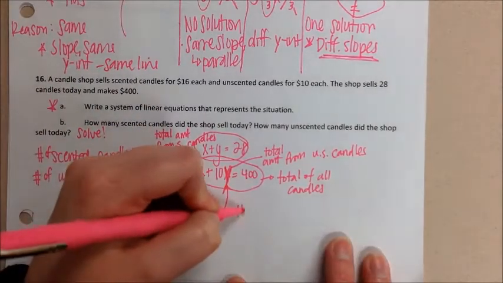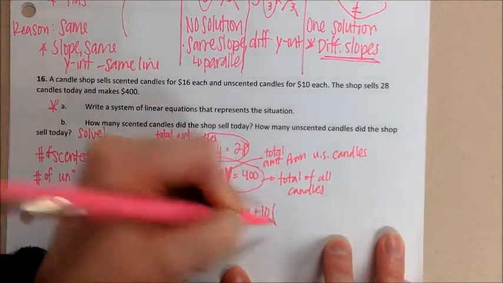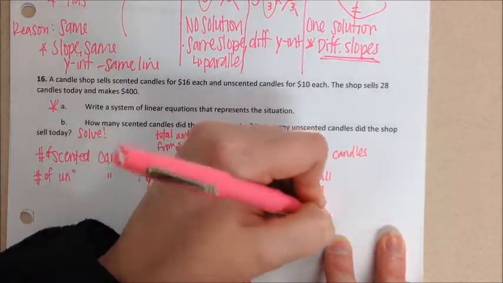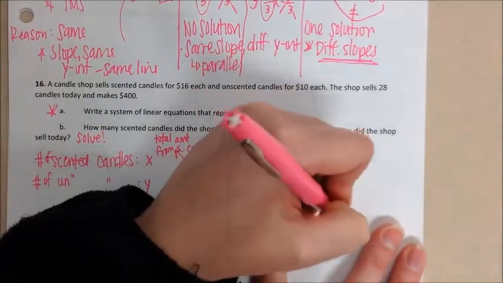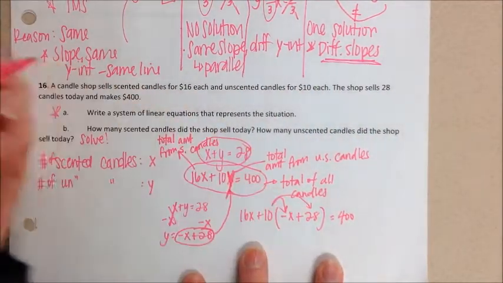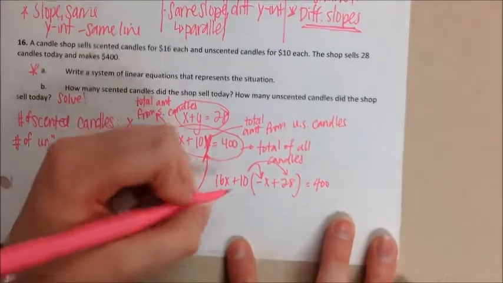So then I have 16X plus 10 times negative X plus 28 equals 400. I'm going to distribute that 10 through.